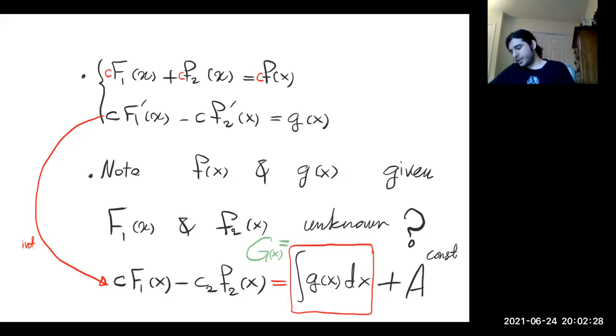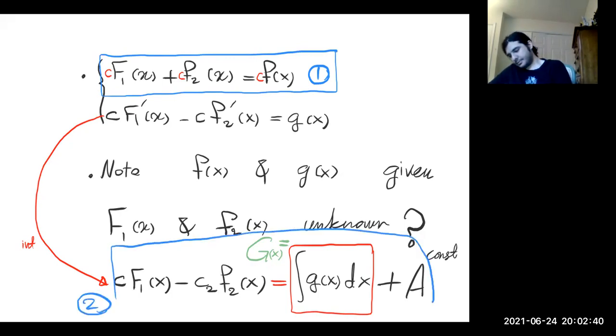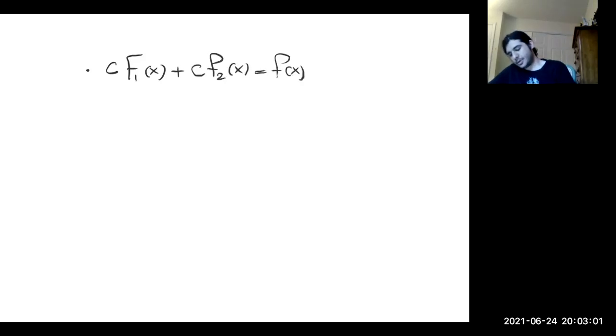So now we have two interesting equations. This is equation number 1 here, and this is equation number 2 here. Let's write them next to each other on the next page. c f1 of x plus c f2 of x equals f of x. This is equation number 1.